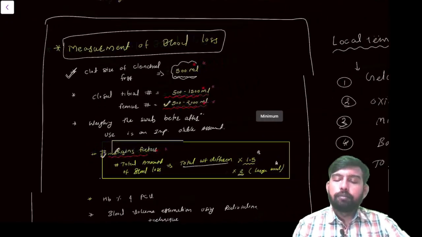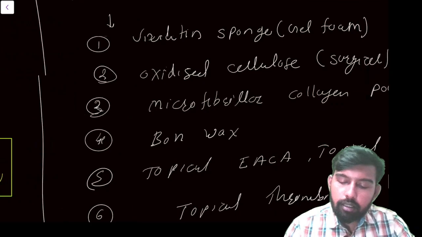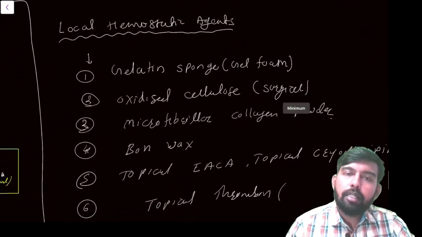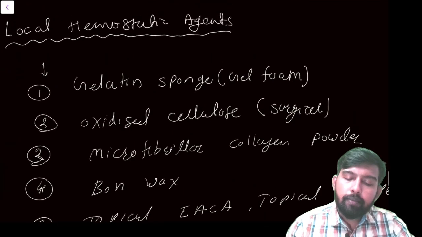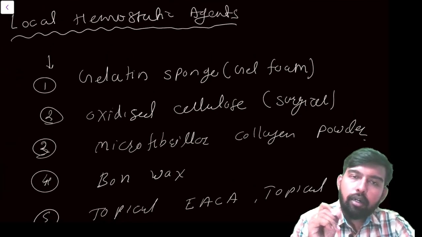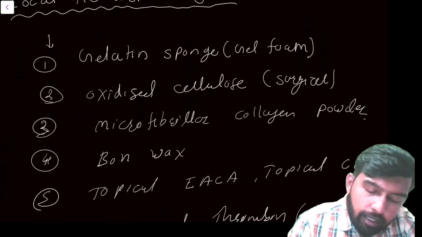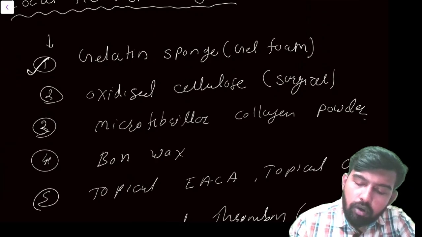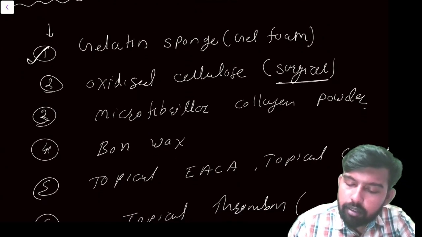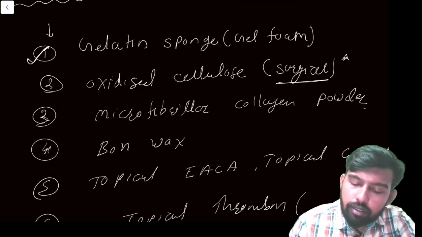Some local hemostatic agents used for the control of bleeding are gelatin sponge or gel foam, and Surgicel, which is oxidized cellulose.